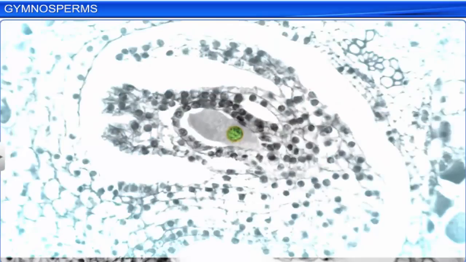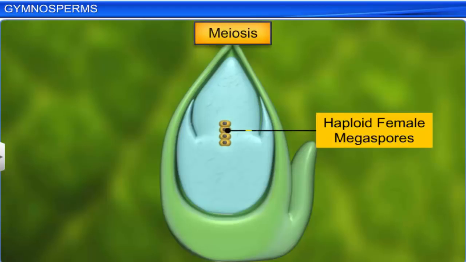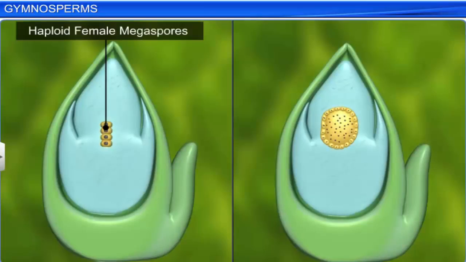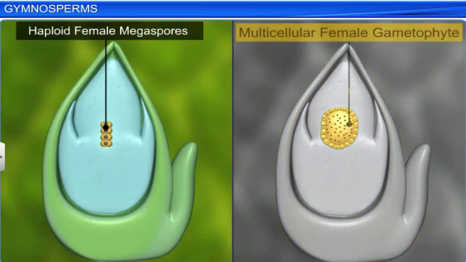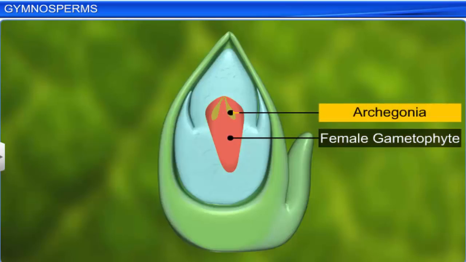The megaspore mother cell undergoes meiosis to give rise to 4 haploid megaspores. One of these spores develops into a multicellular female gametophyte. The female gametophyte further bears 2 or 3 female sex organs called archegonia, which develop inside the ovule.